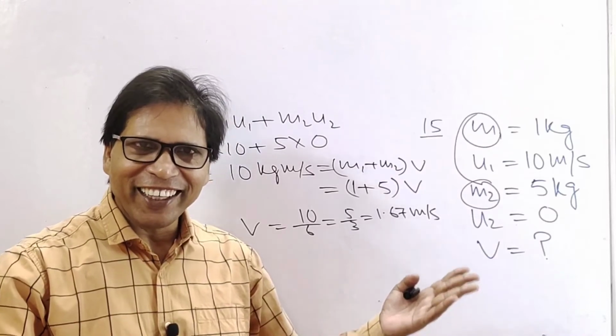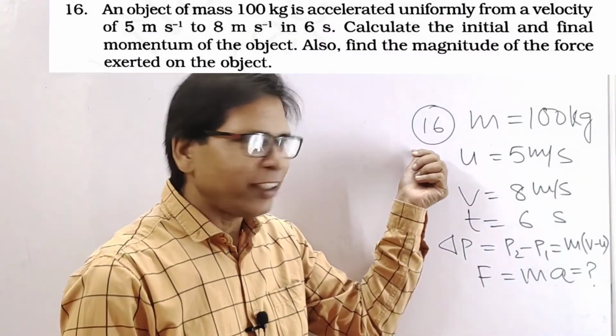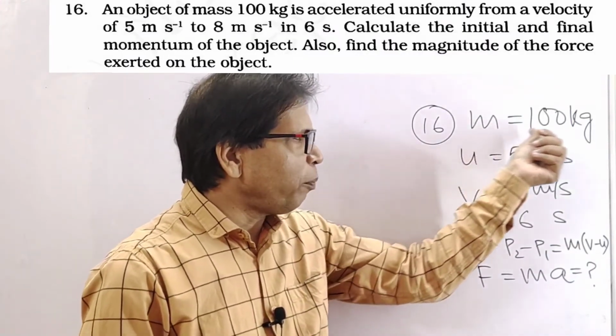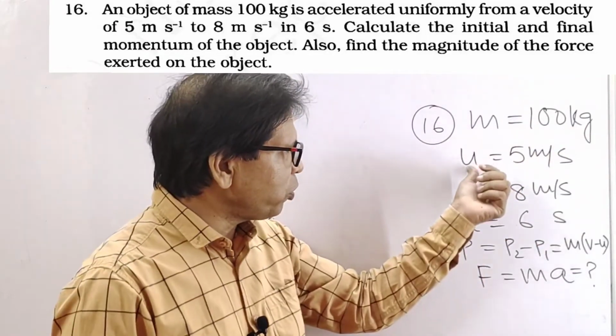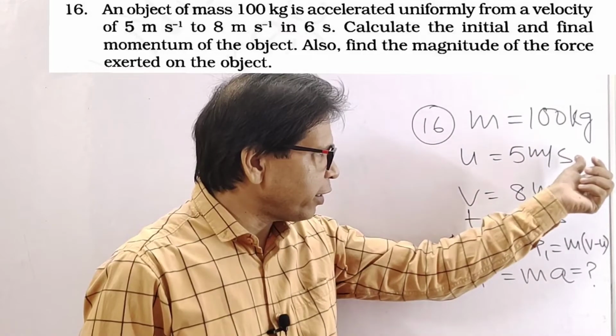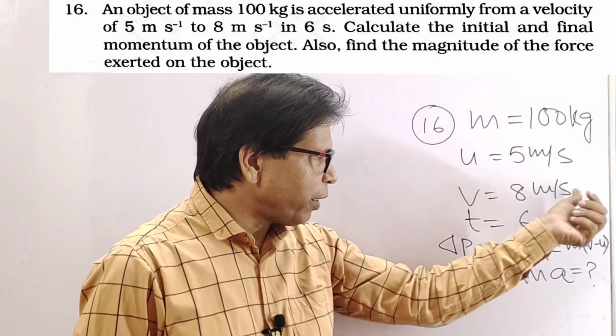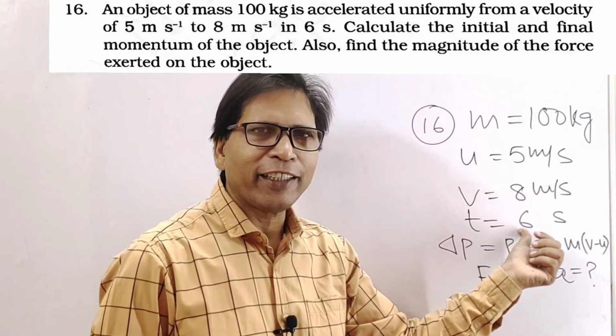Okay, understood? Now NCERT numerical 16. A body of mass 100 kg is accelerated from velocity 5 meter per second to 8 meter per second in 6 seconds.